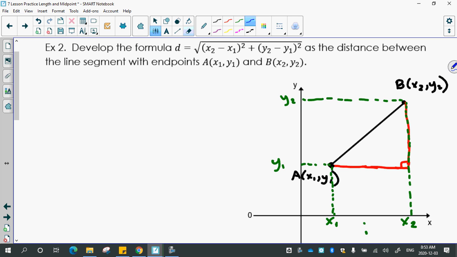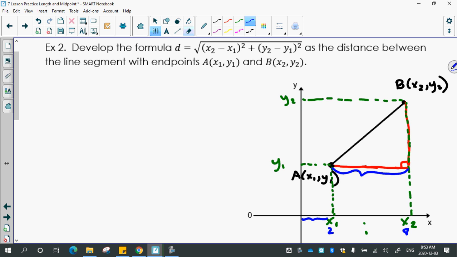So now I want us to think about how we could use x1 and x2 to figure out what the distance is along this side in terms of x2 and x1. Yep. x1? Nope. x1 is just this distance here. If this is 2, so let's put numbers here. If this was 2 and this is 8, this distance would just be 2.